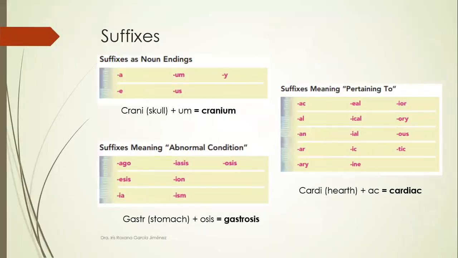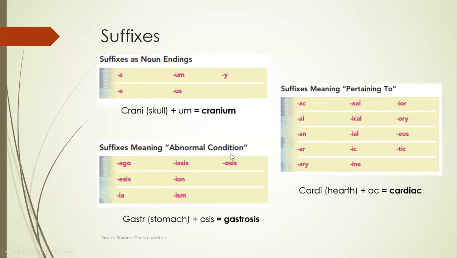About suffixes, we have some of them that are noun endings. I mean, when you catch these endings, you know that we are talking about a noun. For example, crani is the word root, with the vowel added U and the M, cranium, the suffix um.